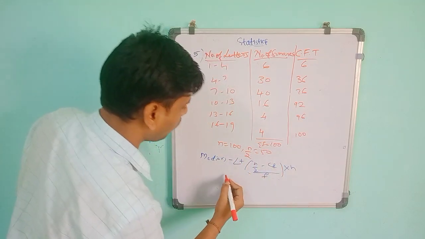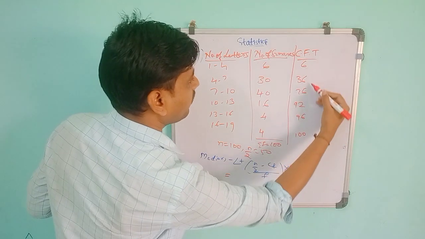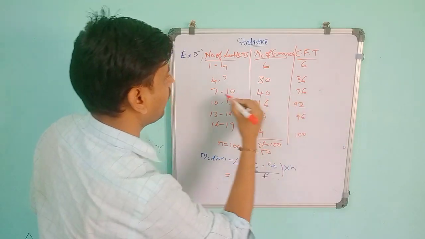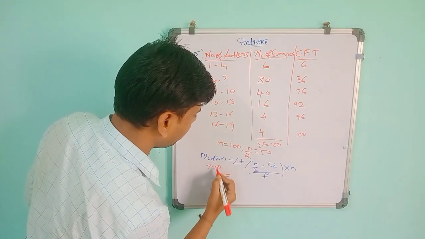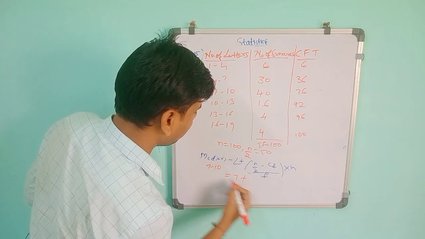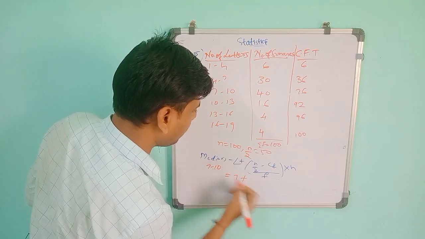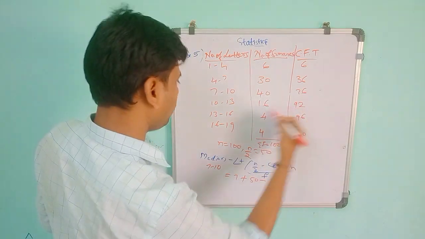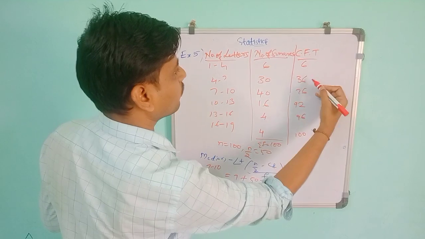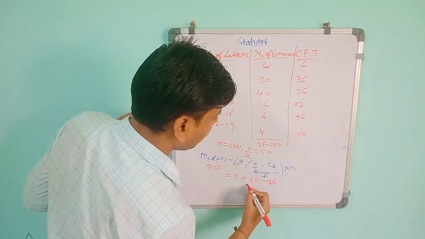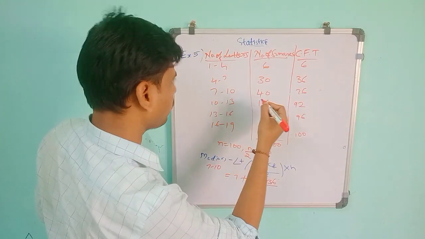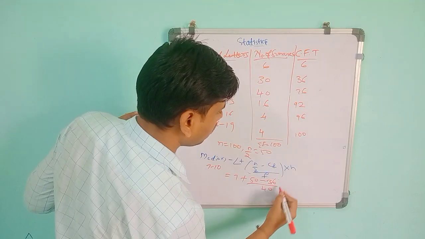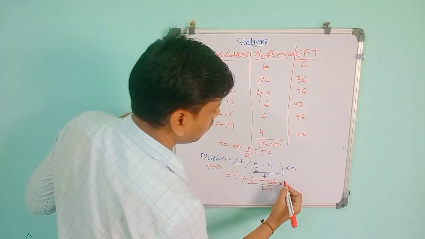Now 50 means where does it lie? The cumulative frequency 36 is less, so it lies in the class 7 to 10. The lower limit is 7. Then n by 2 is 50 minus the cumulative frequency of the previous class, 36, divided by the frequency of 7 to 10, that is 40, into the class interval 3.